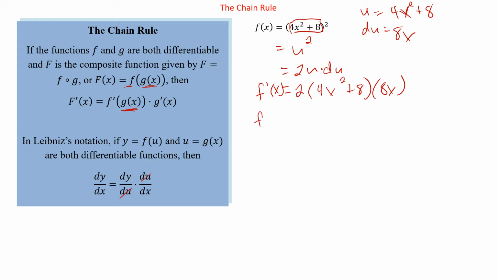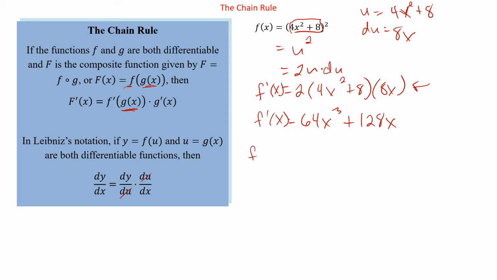So we have f prime of x equals 2 times 8x is 16x, times the 4x squared will be 64x cubed, plus 16x times 8 is going to be 128x. So that's if we multiplied it out. Again, a lot of times we're not going to do that. We'd stay with this one, or we would multiply the 8x times 2 to just get a 16x in front.